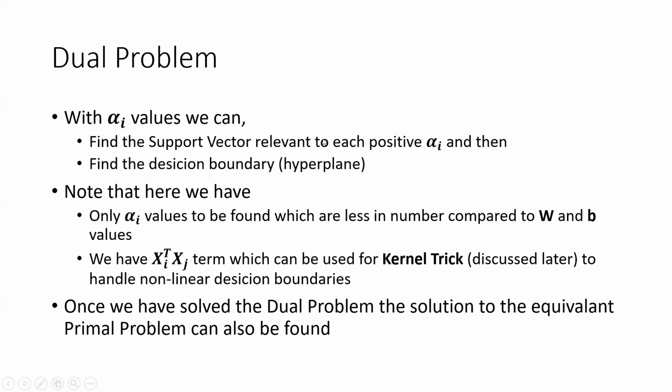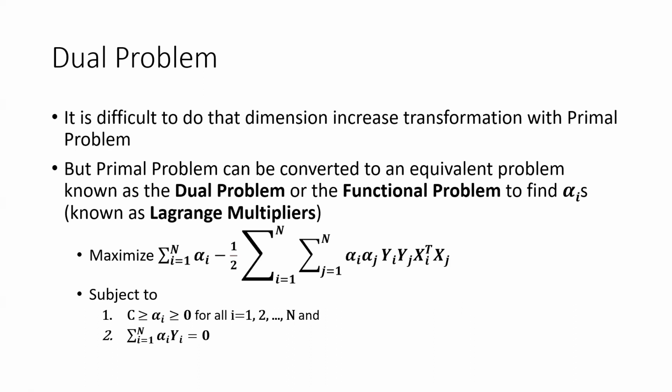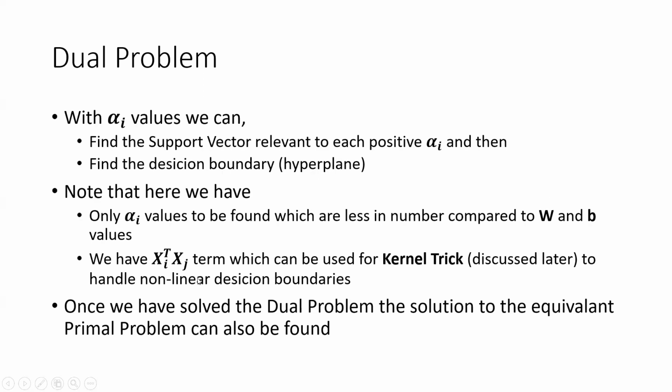So by optimizing this statement subject to these constraints, you can find the alpha i values which are positive, which are relevant to the support vectors, and using these alpha i values, you can find the exact support vectors, and from the support vectors, you can find the decision boundary or the hyperplane.